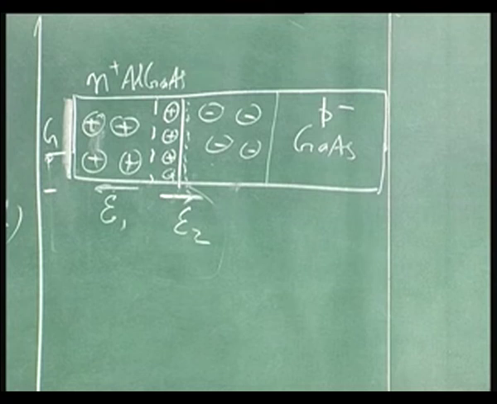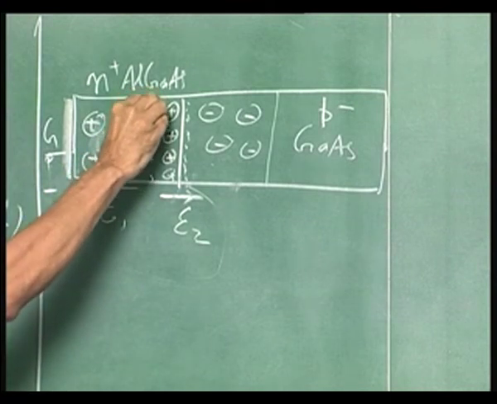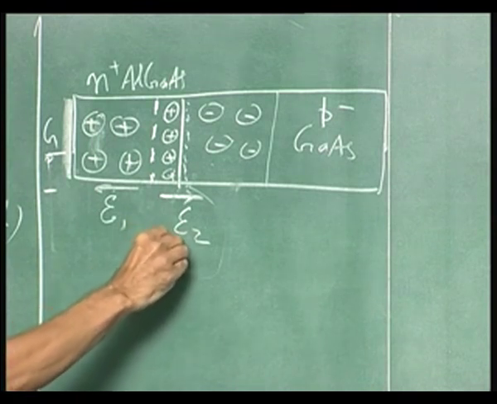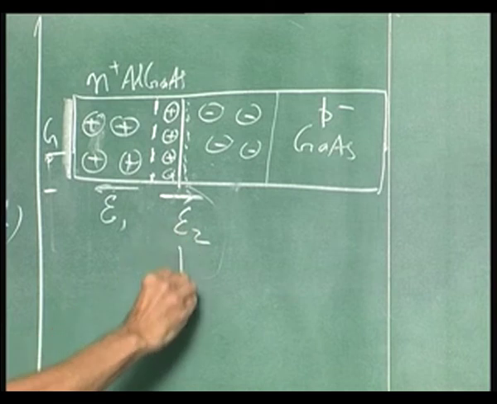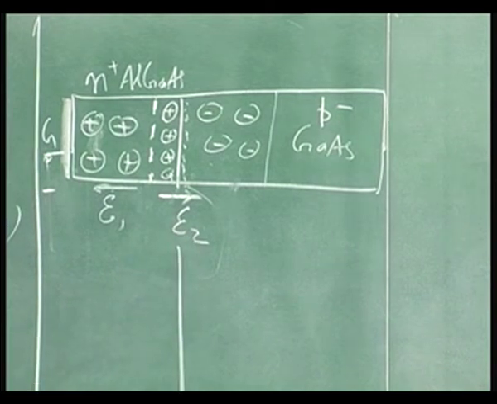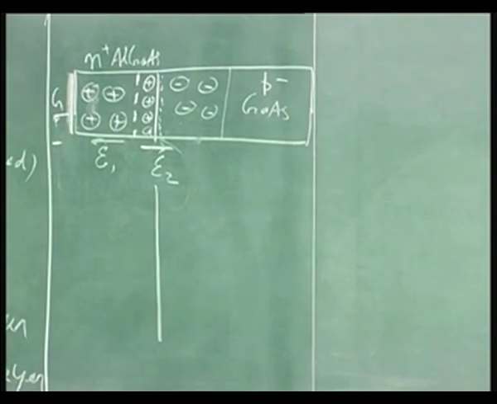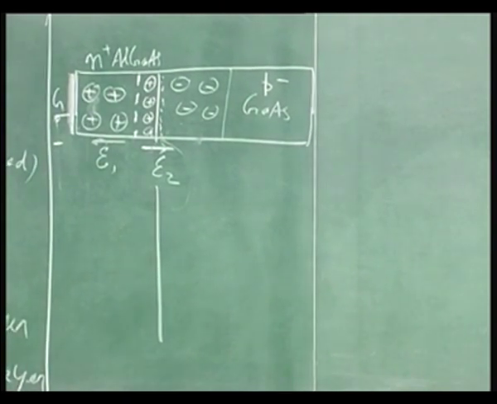Okay. Now, at this point, this is the depletion layer boundary. How is the electric field distribution now? You have all the slides, but I just put it on the board so that you can take a look at it. How is the electric field distribution?